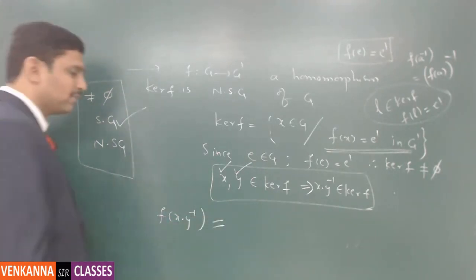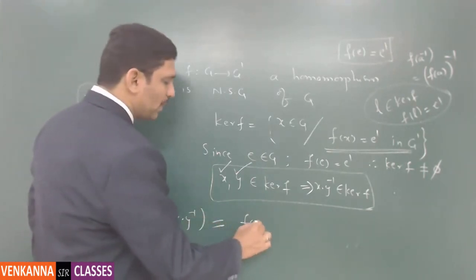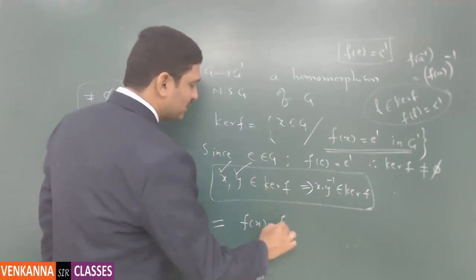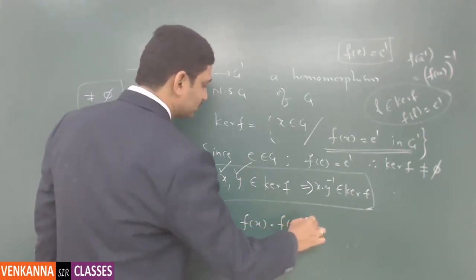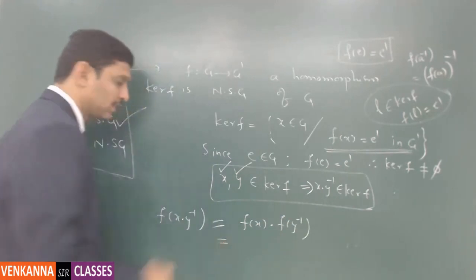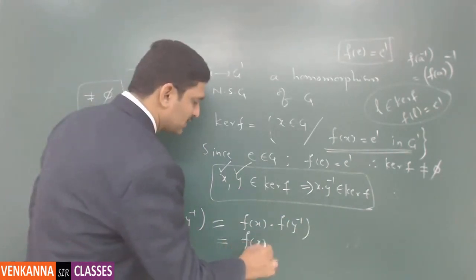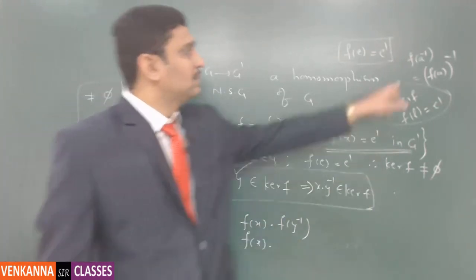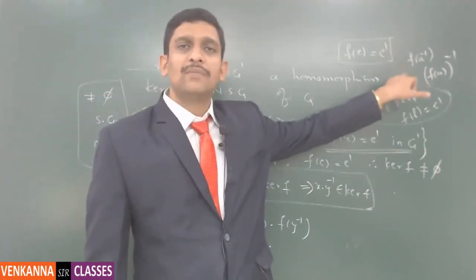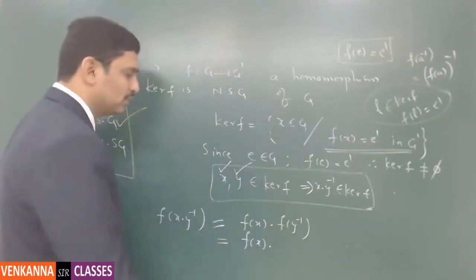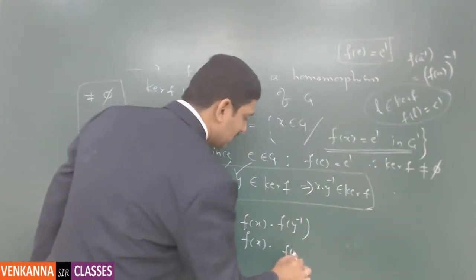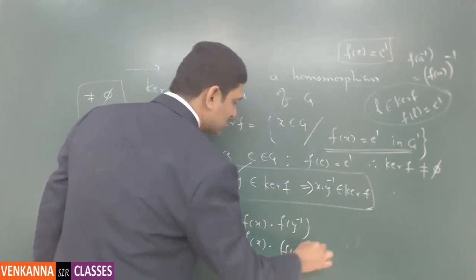Since f is a homomorphism, you can write it as f of x into f of y inverse. This is equal to f of x into f of y whole inverse.